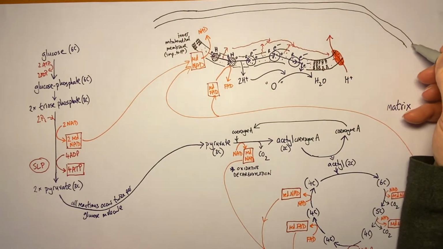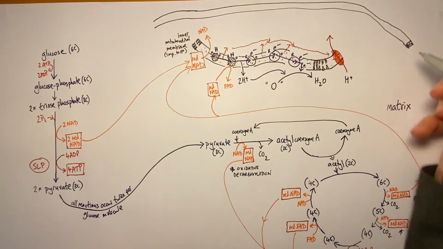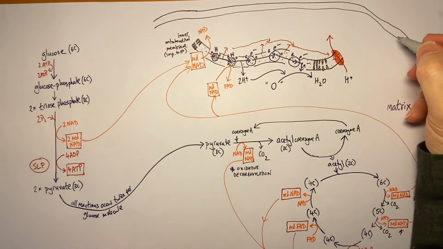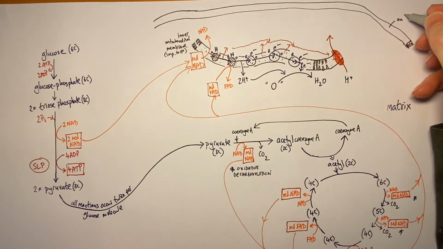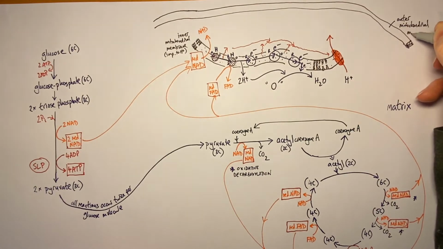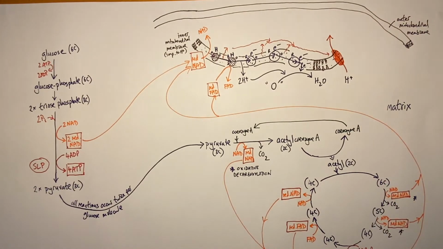So this is the outer mitochondrial membrane, just a few little phospholipids there just to make sure we know what we're doing. So this is the outer mitochondrial membrane. Like so. So that's going around the outside, like we say.